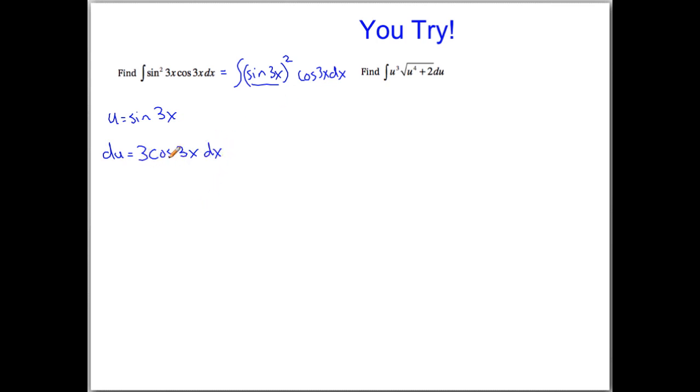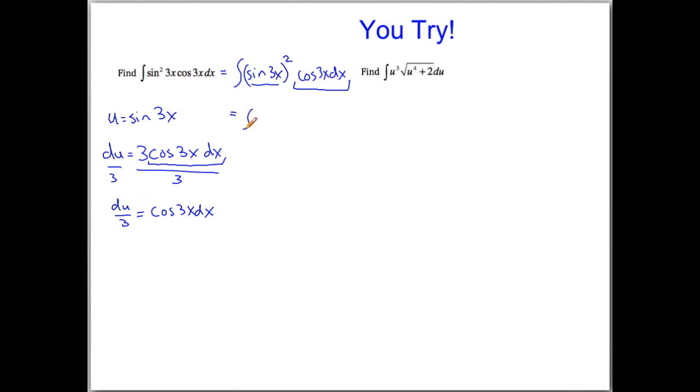And what I can notice here is that in my function I have a cosine 3x dx, and I can see cosine 3x dx right here. So all I want to do here is divide this by 3, and so I have du over 3 equals cosine 3x dx. And that's going to allow me to rewrite this in terms of u's and du's only.